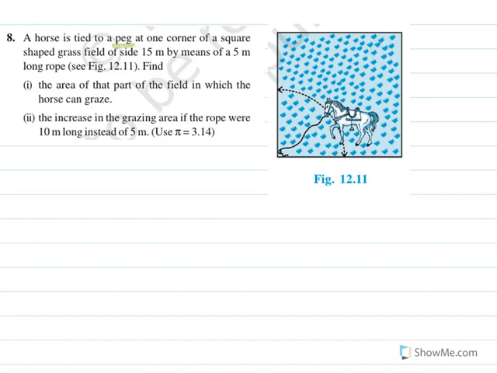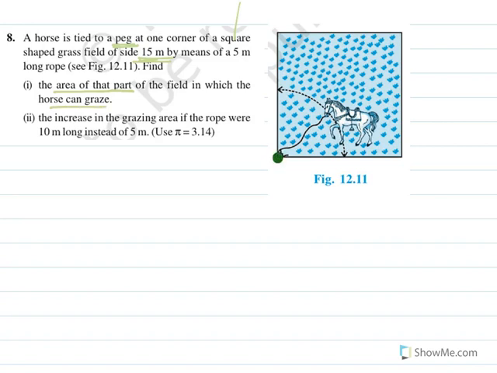A horse is tied to a peg at one corner of a square shaped grass field of side 15 centimeters by means of a 5-meter long rope. Find the area of that part of the field in which the horse can graze.